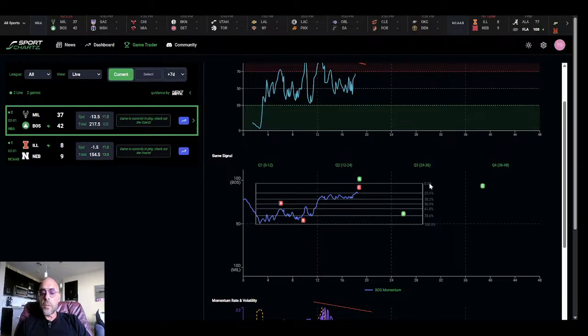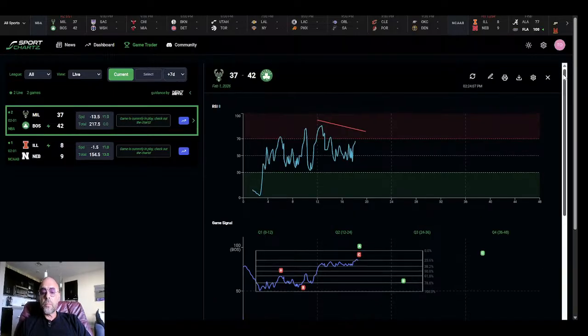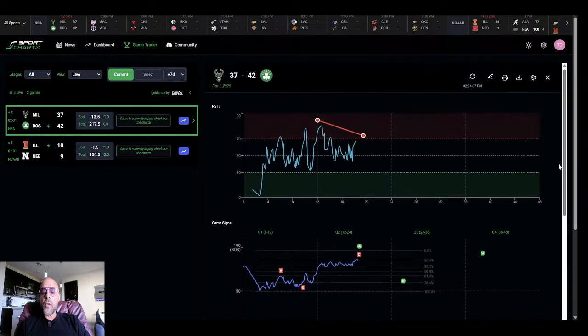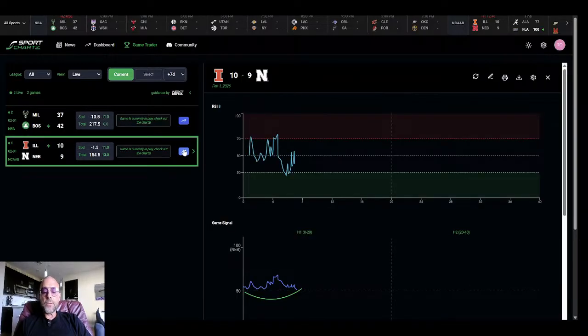Maybe somewhere in here. Everything stops. Slight negative divergence here. Oh, Illinois went ahead, huh? Let's see. It could be a double bottom.